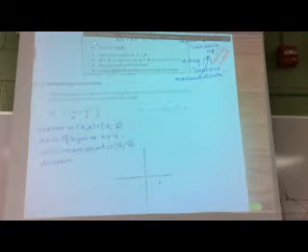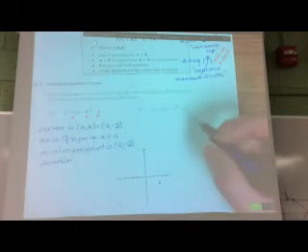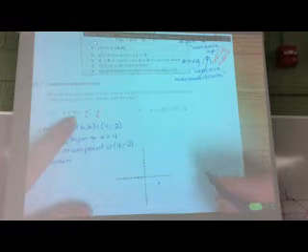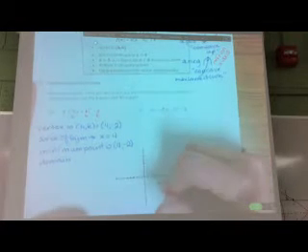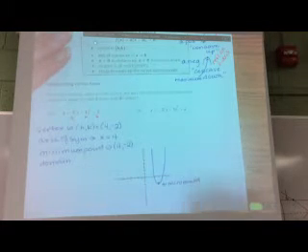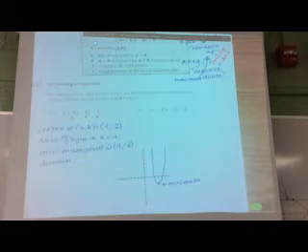And this is quite skinny. I am not going to draw this perfectly because it takes too much time right now, but you know that because this is greater than 1, this is quite skinny, right? Okay, so it's going to look something like this. Would you agree that's reasonable? Okay, so you can see that this right here is a minimum. You don't have a maximum, you have a minimum.